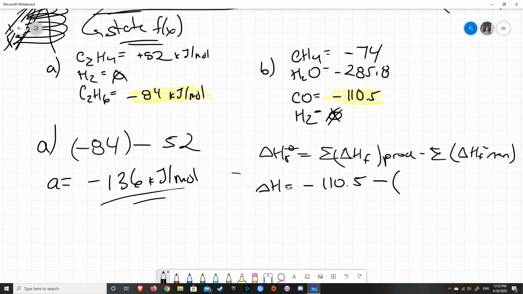So it's minus negative 359.5. So our delta H is equal to 110.5 plus 359.5. We're going to get 249 kilojoules per mole, based on what is in our data booklet right now.